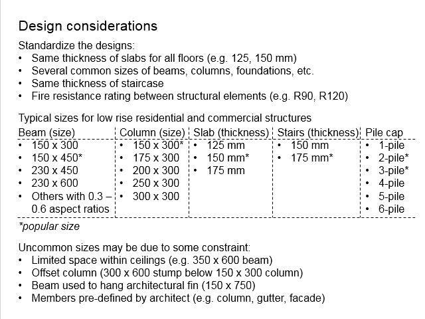600. The 150 beam width is meant for a single layer of brick wall, and 230 is meant for a double layer of brick wall. This 150 times 300 mm beam size is the smallest size that you can see in the industry.